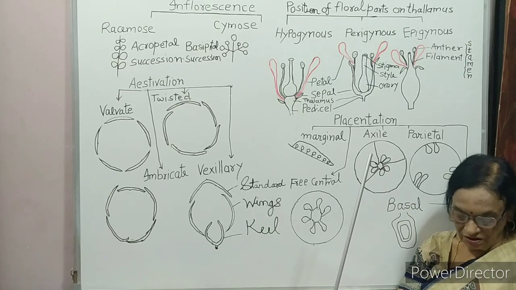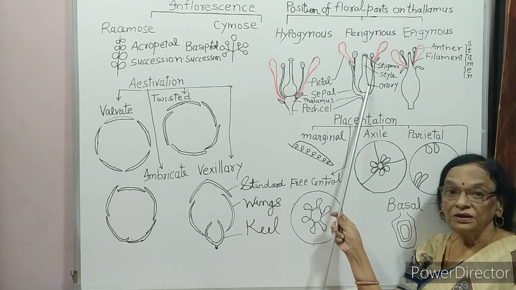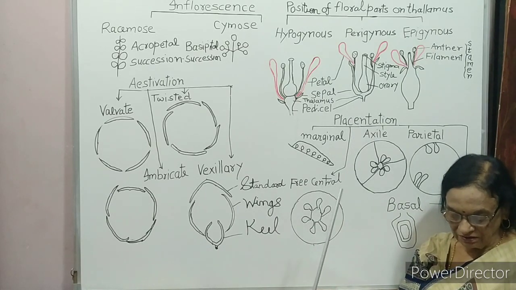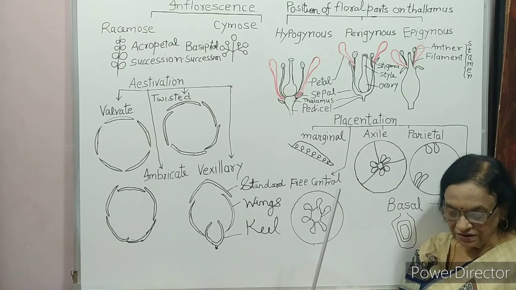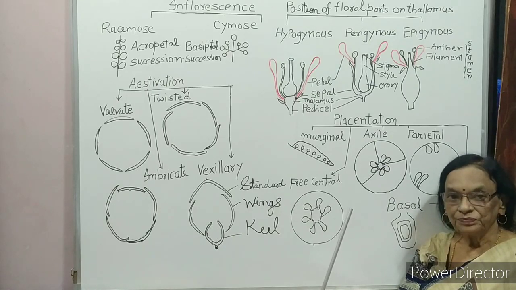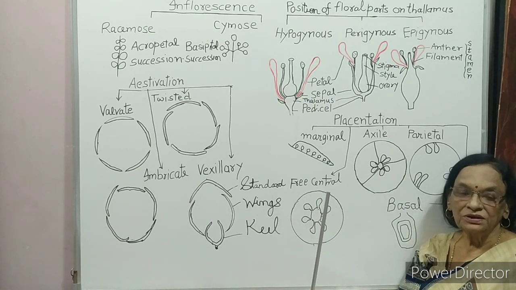Now, this ovary is made up of units called carpel. If one carpel is present, the ovary is called monocarpellary. If two carpel are present, the ovary is called bicarpellary.